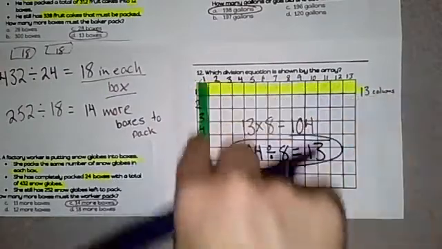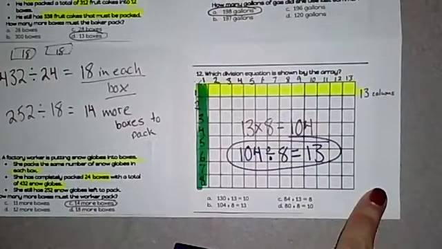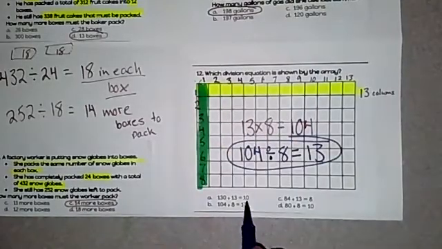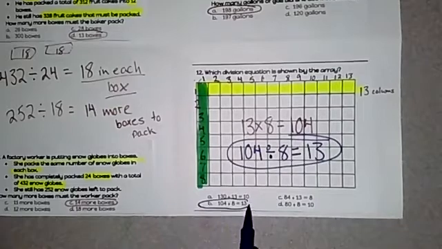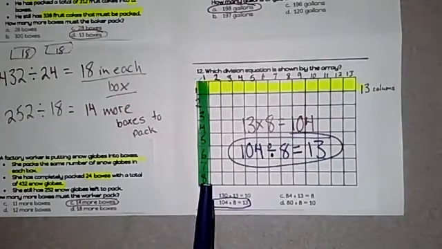So it's 104 in all divided into 8 rows gives you 13 in each row. So your answer is B. Cool? Makes sense? Because division is just the opposite of multiplication.